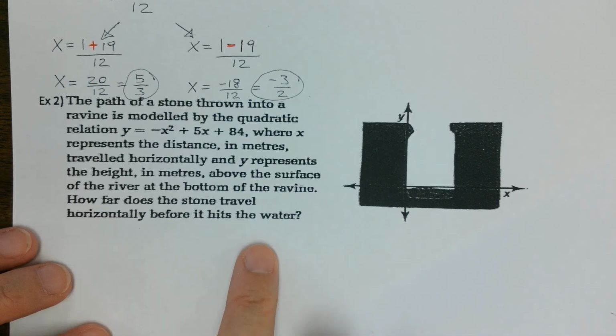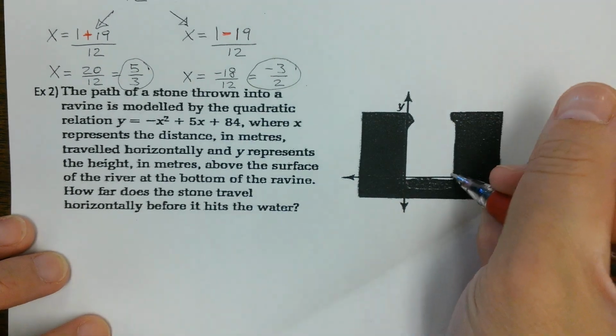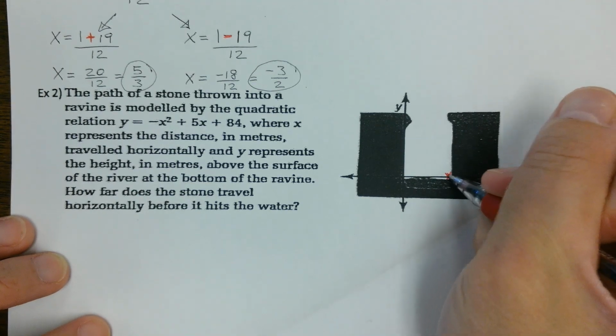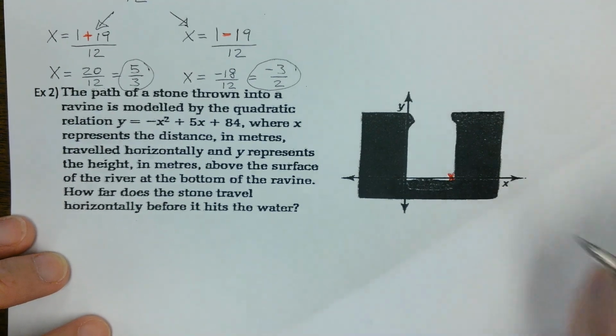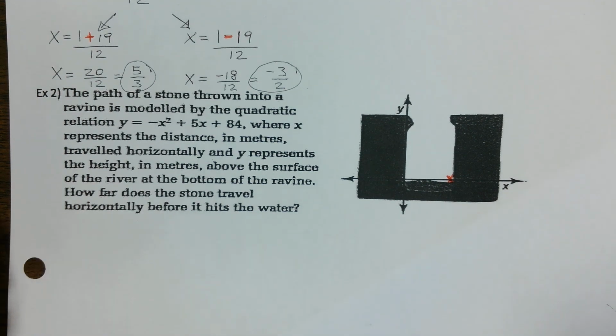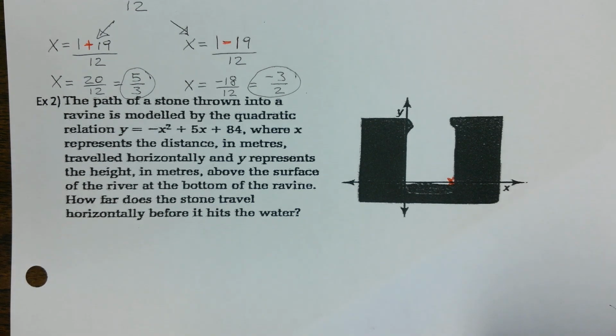Okay. So I'm trying to figure out this point right here. When does it hit the water? So am I trying to find my vertex or am I trying to find my x-intercept? X-intercept. And so if I'm trying to find my x-intercept, should I do complete the square or quadratic formula?